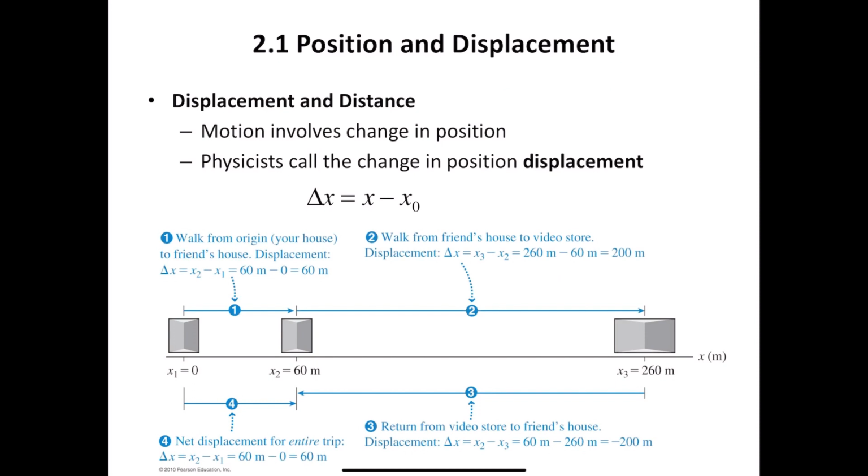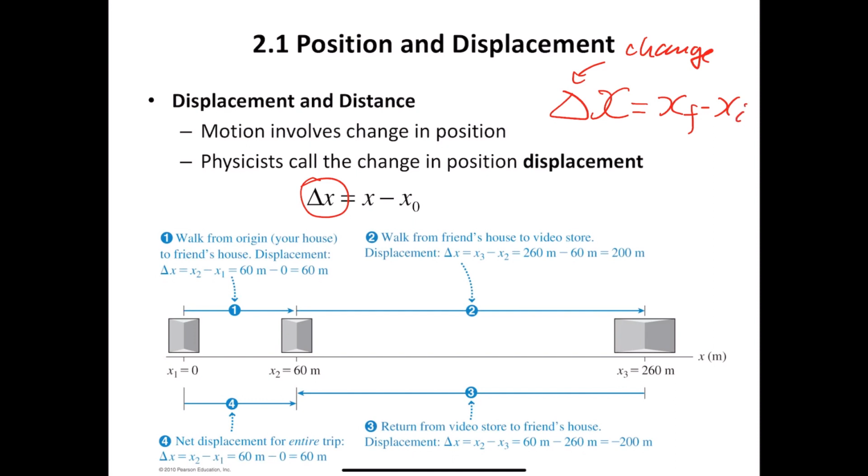We want a position, so we have a number, but most of the time we also want the change. Whenever in physics you see this symbol, you all say delta x, it means the change. Now there are different ways to write the change. Some people write final minus initial.